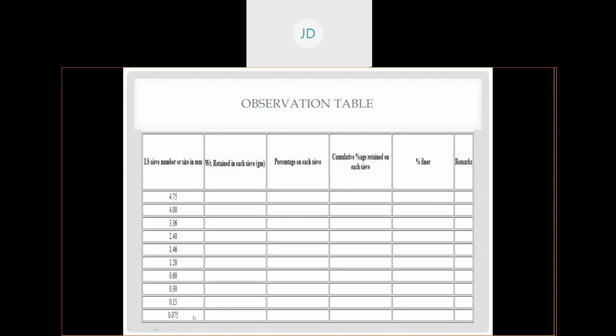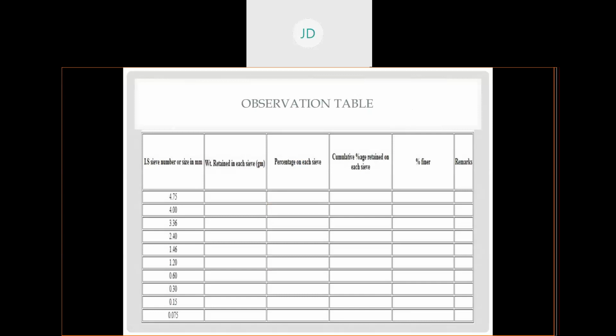From bottom to top the size of the sieve keeps increasing, and at the top comes 4.75. Since it is 4.75, we can say it is a fine sieve analysis. We are only taking sand particles here because they range from 4.75 down to 0.075. So sieves are arranged in this manner.